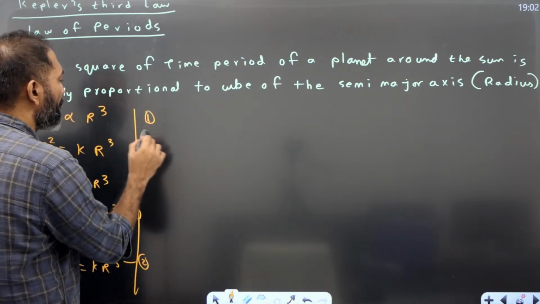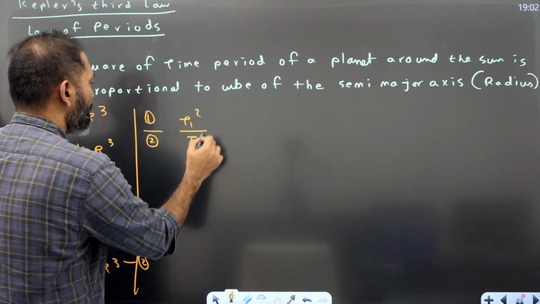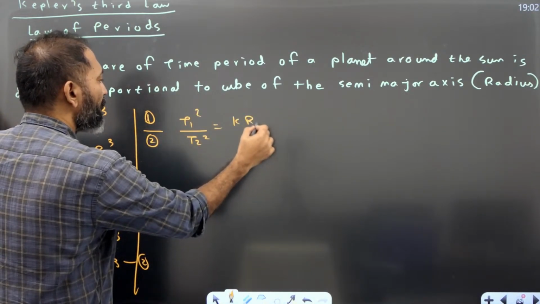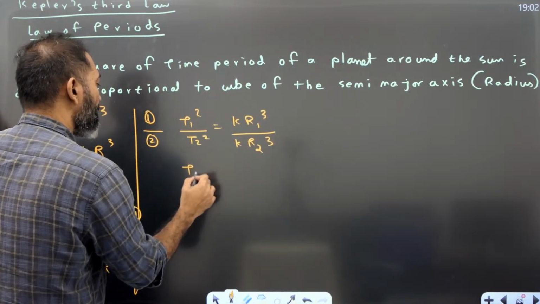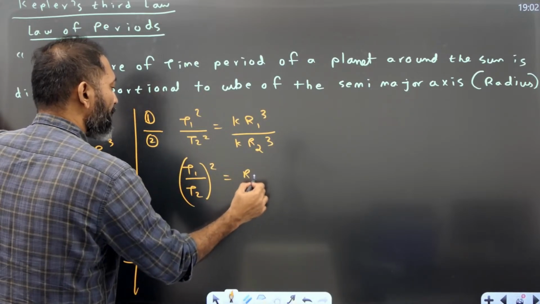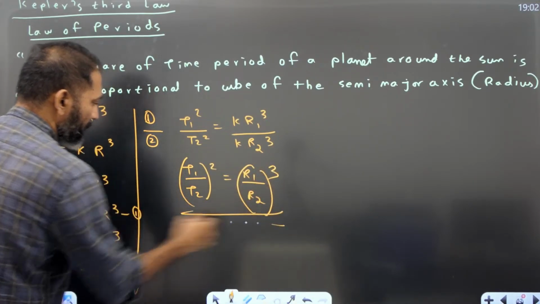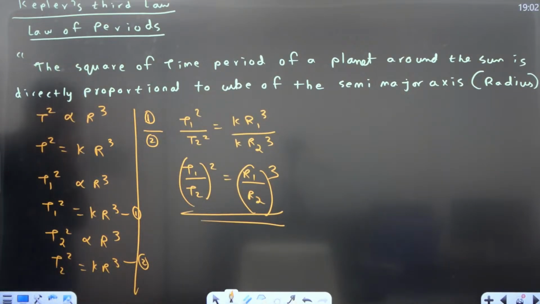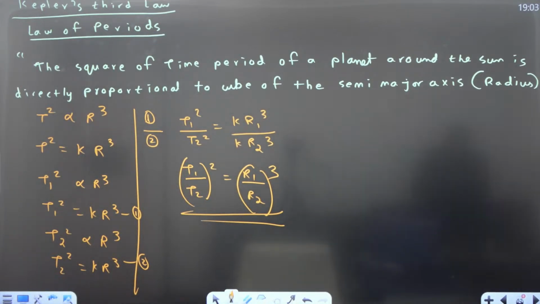Equation 1 by equation 2: T1 square by T2 square is equal to K r1 cube divided by K r2 cube. So T1 by T2 the whole square is equal to R1 by R2 the whole cube. Any doubt? This law is called Kepler's third law or law of periods. Note here.